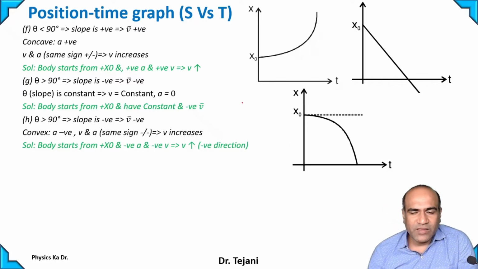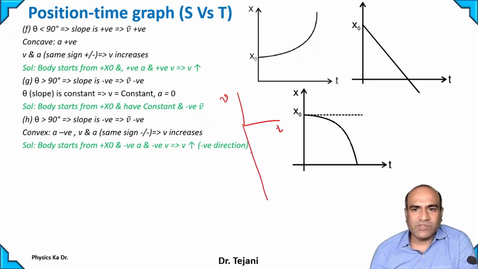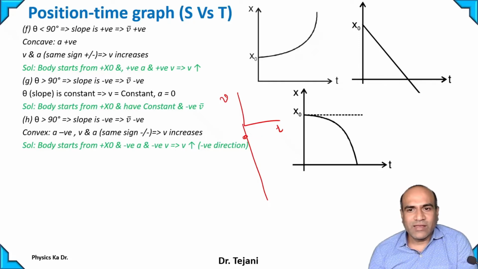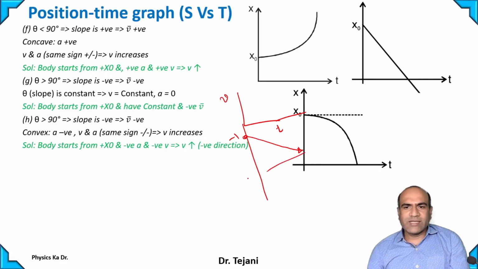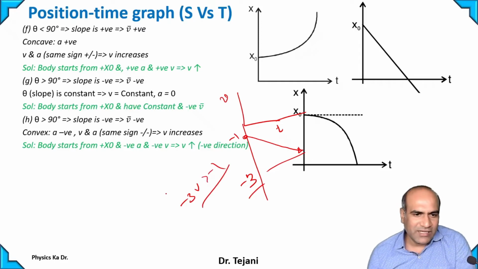If you plot the graph of v versus t, the graph starts from negative velocity and goes like that. It increases in the negative direction, because if it is -1, then it becomes -3. So -3 velocity is greater in magnitude than -1 velocity.